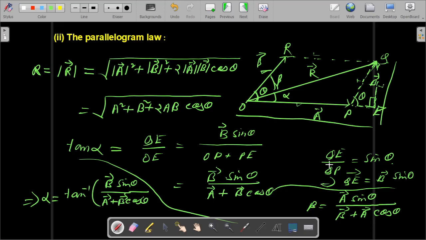Beta is the angle made by the resultant vector with the given vector B. This way you can say in which direction the resultant vector will be relative to the given vectors. You got all this earlier.